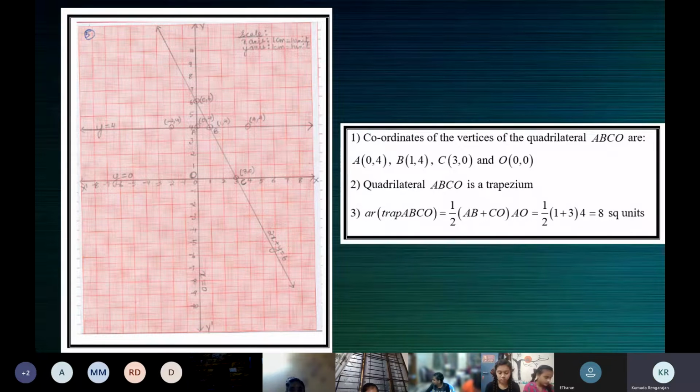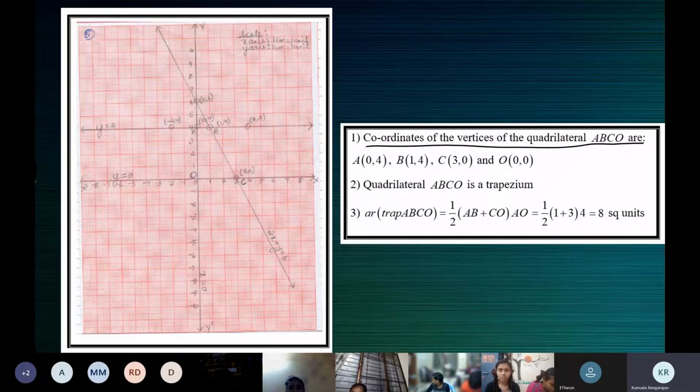Okay, so the coordinates of the vertices of the quadrilateral ABCO. I've called it ABCO because O is the origin.